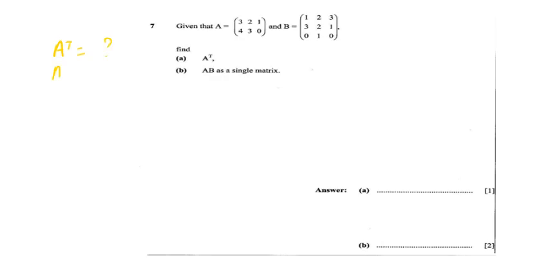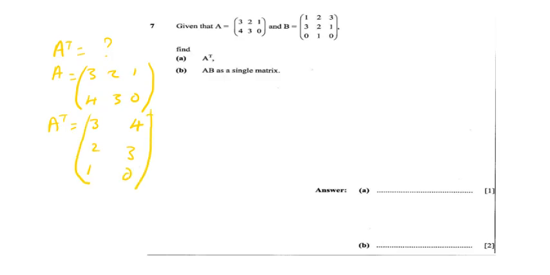So our A is equal to 3, 2, 1 and 4, 3, 0, like that. So they want A transpose. So our row becomes our column. Our row, which is 3, 2, 1, becomes our column, which is 3, 2, 1. And then our row, which is down, becomes 4, 3, 0 as a column, like that.